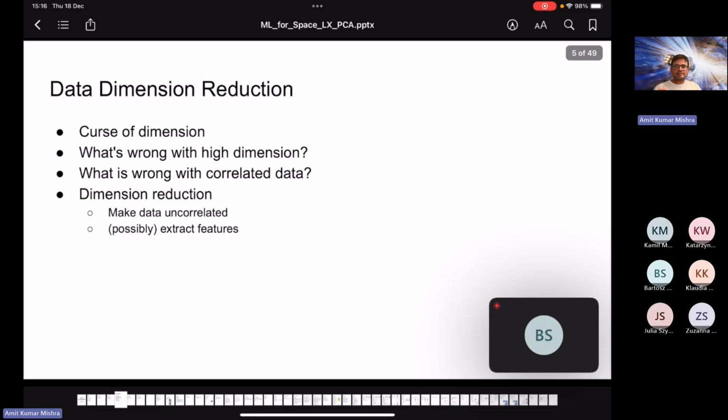As I was saying, data has got two parts, information and noise. So is there a way by which I can reduce my dimension, thereby making my computation easier and faster, and at the same time make my data uncorrelated, which means whatever data you have has enough information, and you discard all the noisy part?